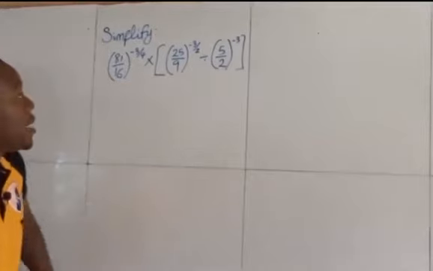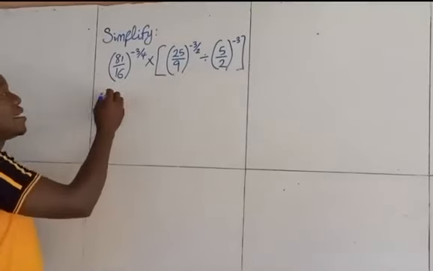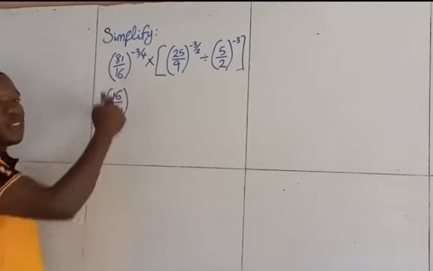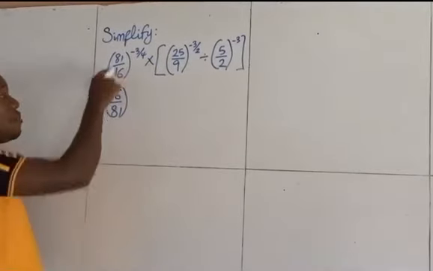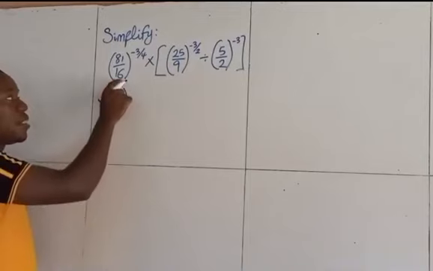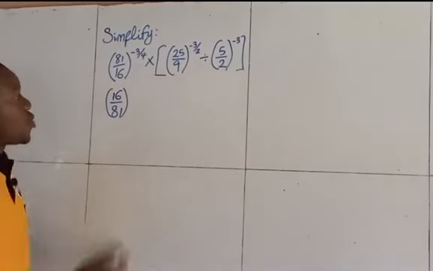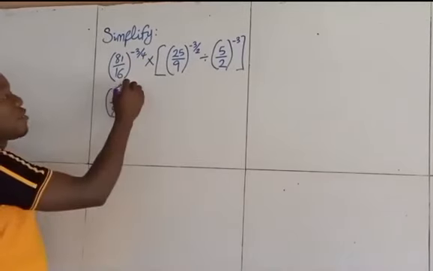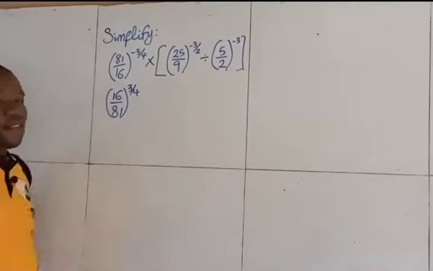So if we do that, this becomes 16 over 81 instead of 81 over 16. The numerator becomes the denominator. The denominator becomes the numerator. So once we turn the expression upside down, we reciprocate the expression. The power changes from minus to plus. We have 3 over 4.